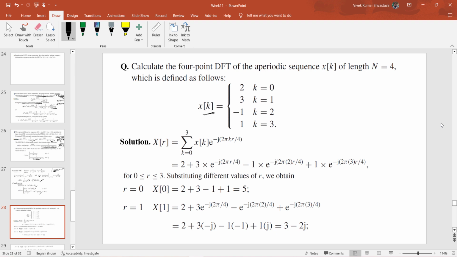discrete Fourier transform. To evaluate the discrete Fourier transform, we will use this expression, that is x of r equals summation k equals 0 to 3 x of k into e raised to the power minus j 2 pi k r by 4.